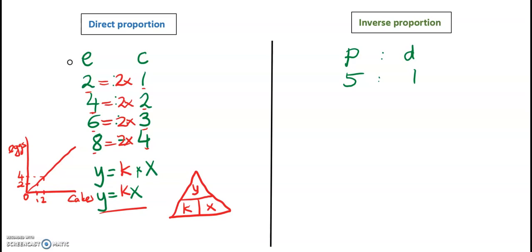Now when it comes to 10 people, will it take them 2 days? No, it will actually take them half the number of days. So that's going to be 0.5. 20 people, it's going to take them a quarter of a day.